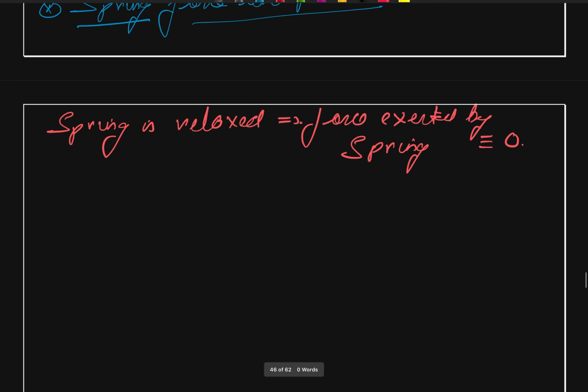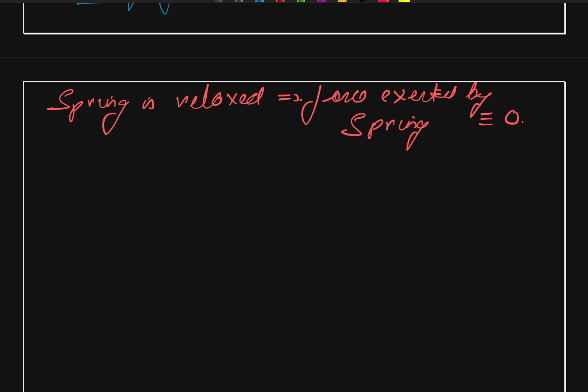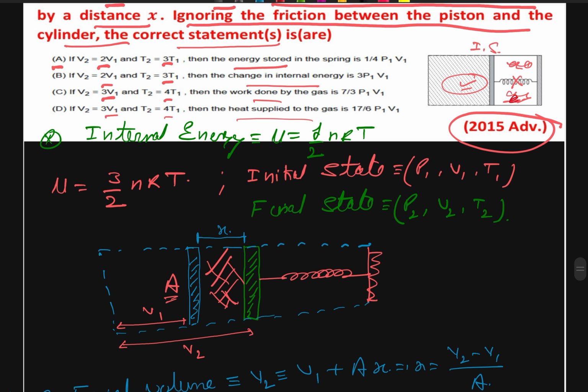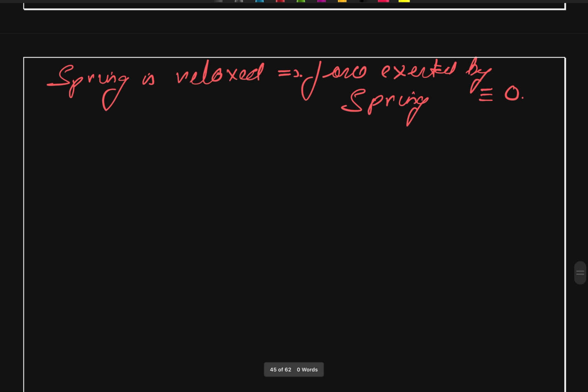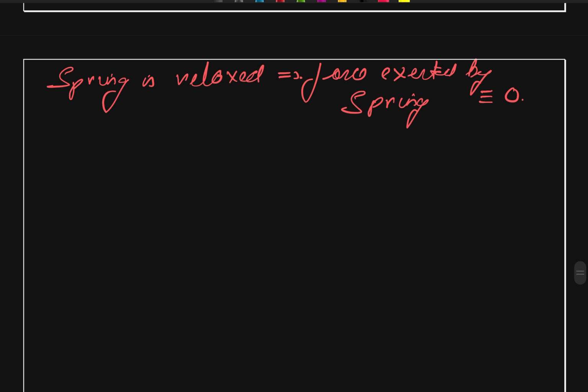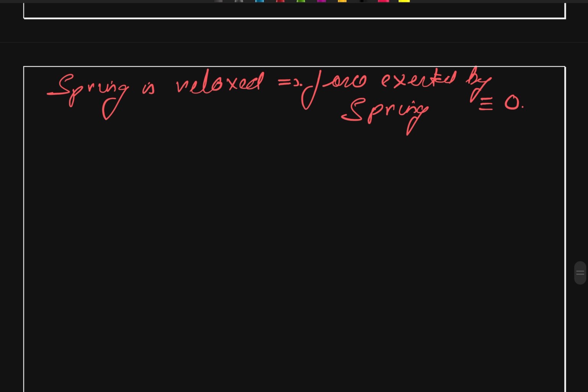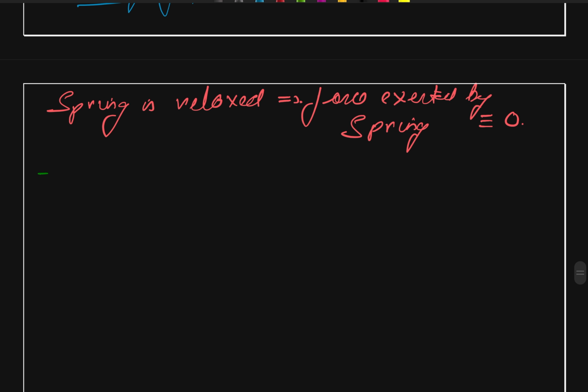Because the pressure on this side is actually not mentioned, we are going to call this P external for the sake of convenience. Later on we can sort it out. Therefore in the initial state the pressure inside is P1, and here we call it P external. Thus we can write that P1 is equal to P external.